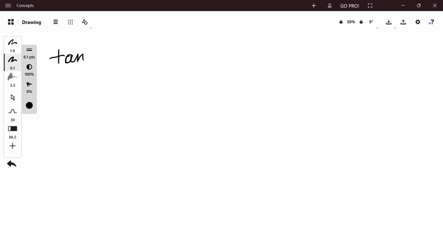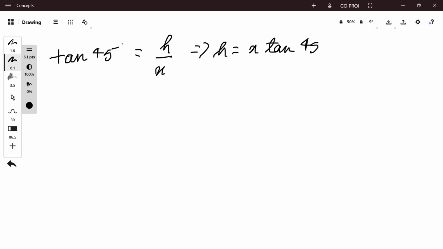So, tan 45 is equal to h upon x, that is h is equal to x tan 45, which is equal to x, since tan 45 is 1.